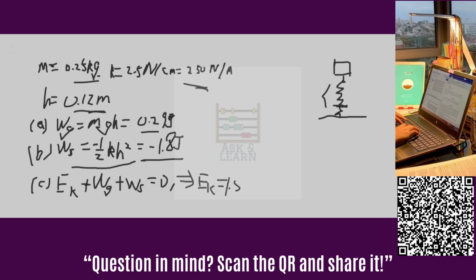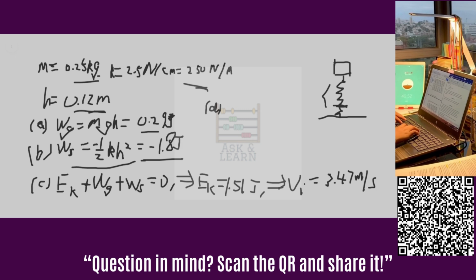So we can solve for the Ek equal to 1.51 joules. So we can solve for the initial velocity Vi equal to 3.47 meter per second. Okay.